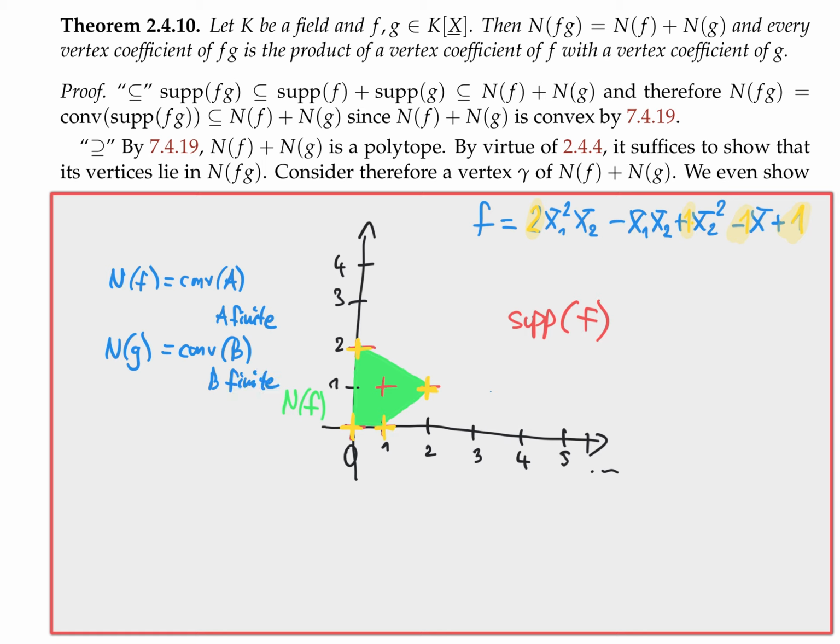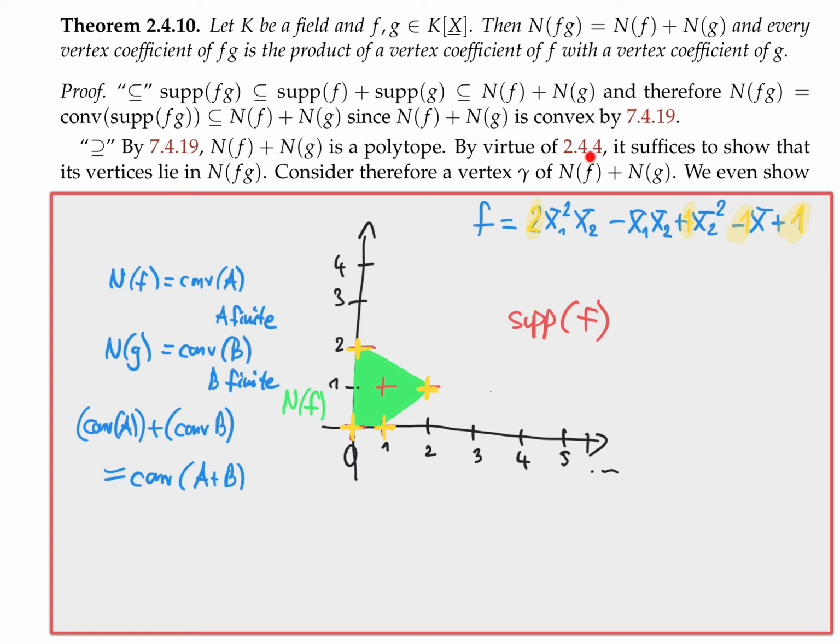And we have learned that the convex hull of A plus the convex hull of B equals the convex hull of A plus B. And A plus B is obviously again a finite set, right? If A has at most m elements and B has at most n elements, then A plus B has at most m times n elements. Okay.